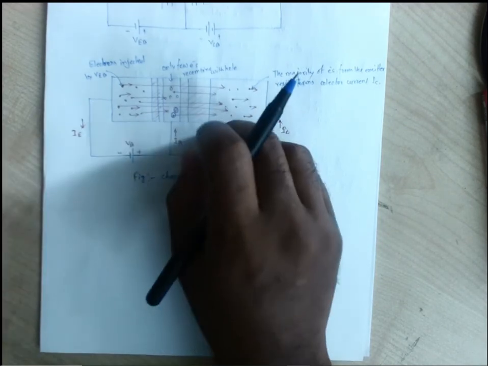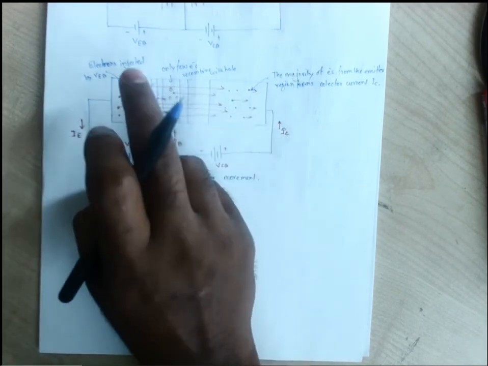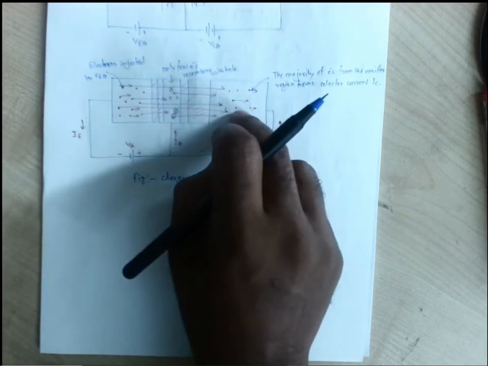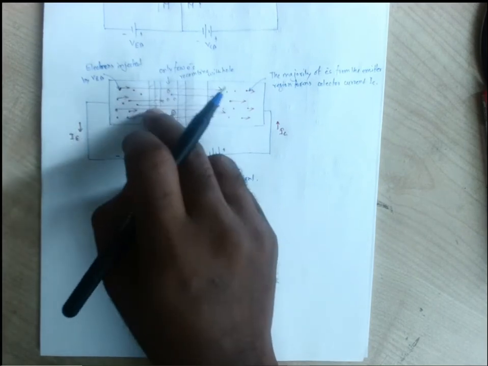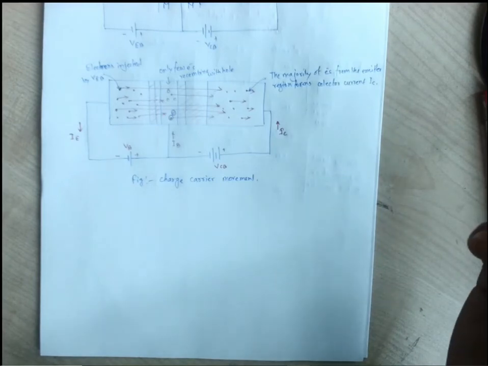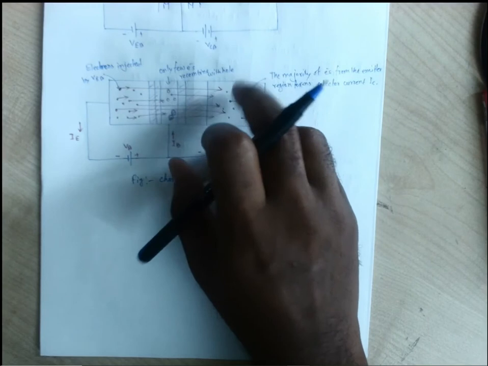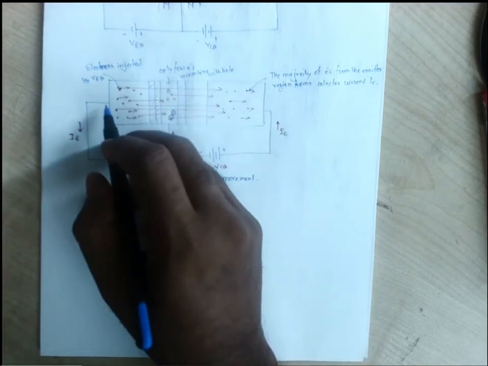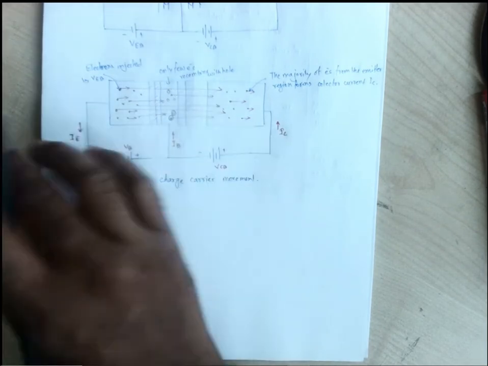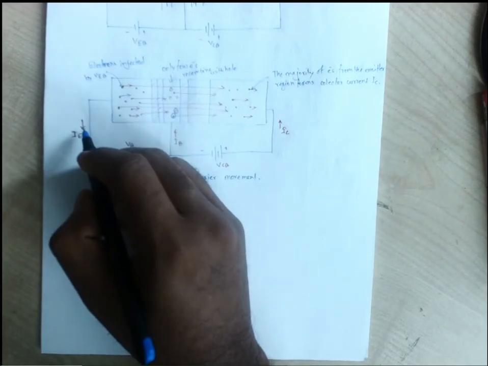Similarly, we can explain it for the PNP transistor also. For the PNP transistor, the majority charge carriers will be holes. Here it will be electrons, here it will be holes. So these holes will be pushed in, recombination will take place, and the reverse bias will take all the holes from the collector. The only difference is that the movement of electrons is in the direction opposite to the direction of current flow.